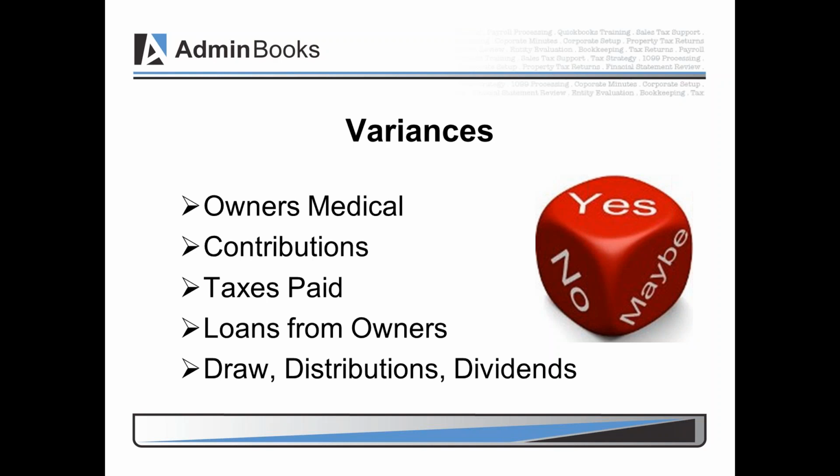The draw, distribution, dividends item here, they are different words, but they mean the same thing. For example, if you take money out of your sole proprietorship business, the word that you want to use is it is a draw.